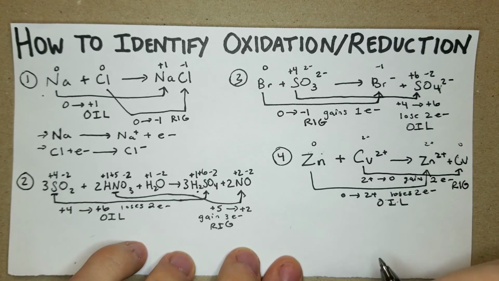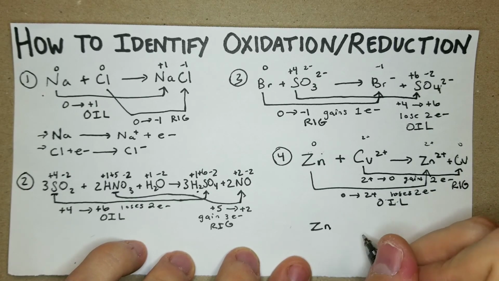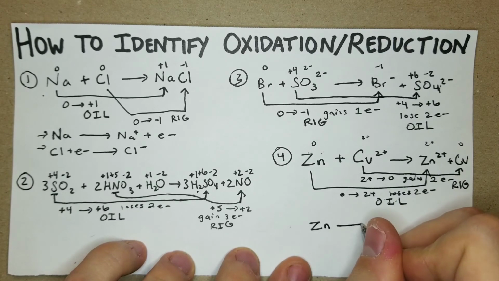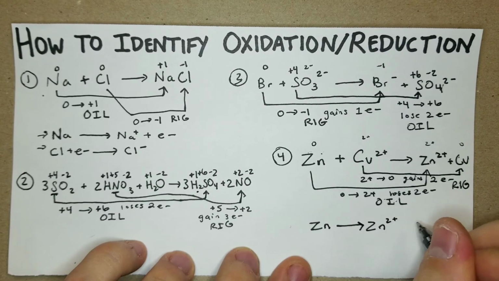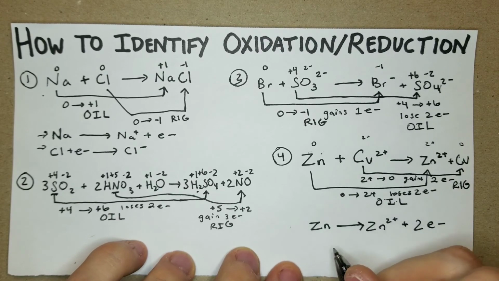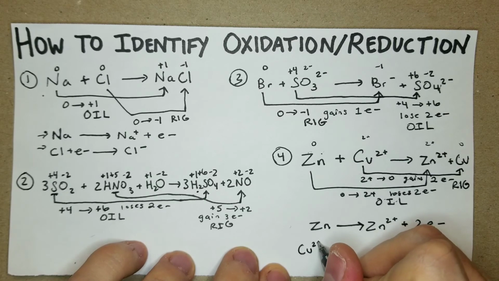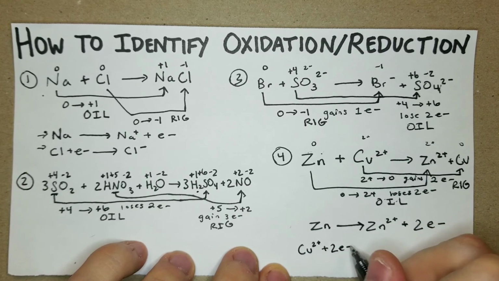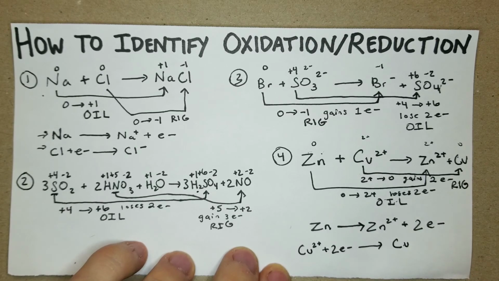So we can split that up into Zn yields Zn 2 plus plus 2 electrons. Then we have Cu 2 plus plus 2 electrons yields a neutral Cu.